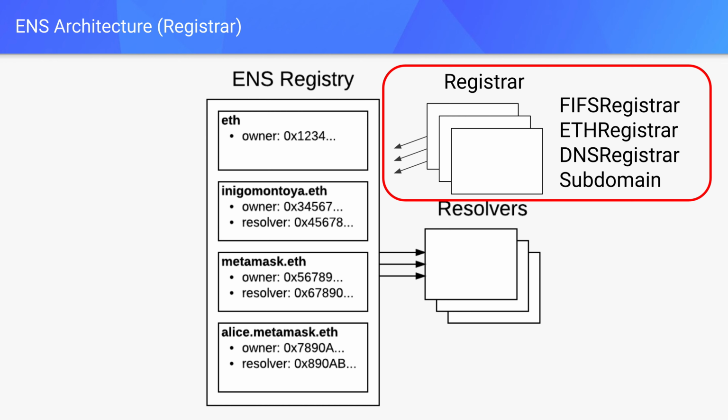It's called the ETH Registrar. For other domains, you probably know we recently announced that you can now turn your .com address, or .xyz, .io, .dev, all the internet domain names, into an ENS name.